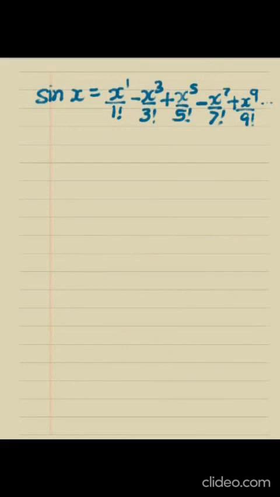Okay, so now to write this expression into a simpler form, we can use sigma notation. So we can write sine of x equals the sum from n equals 1 to infinity. And I'm going to have a negative 1 here, right? Because we are alternating between negative and positive signs.